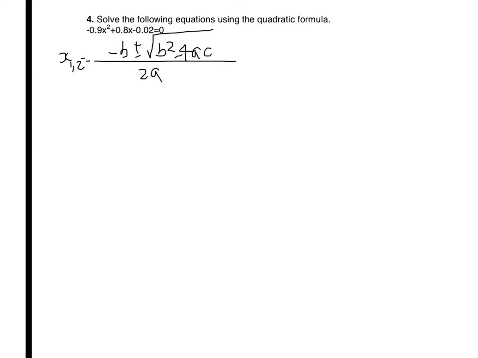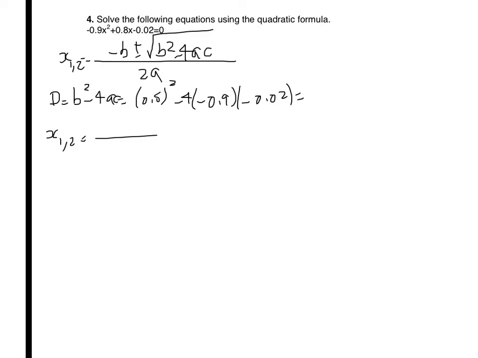Now, D, which is the discriminant, is equal to b squared minus 4ac, which is going to be 0.8 squared minus 4 times a, which is negative 0.9, times c, which is negative 0.02. If you simplify this one, which I don't have the value here, you put it back in the equation to find x1 and x2, okay?